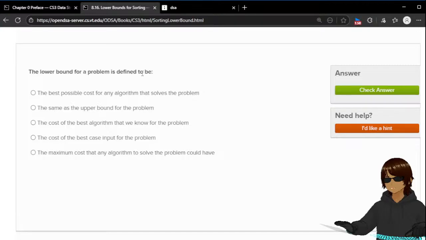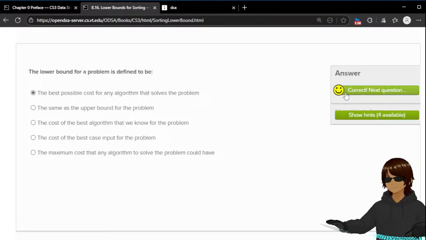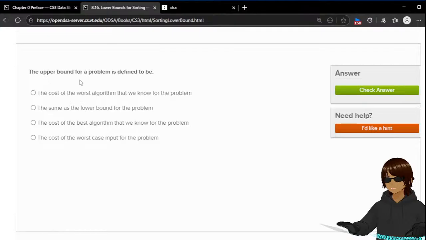The lower bound for a problem is defined to be the maximum cost, well, the minimum, right? Cost of the best case input, no. Best possible cost for any algorithm. Upper bound, cost of the worst case that we know for the problem.